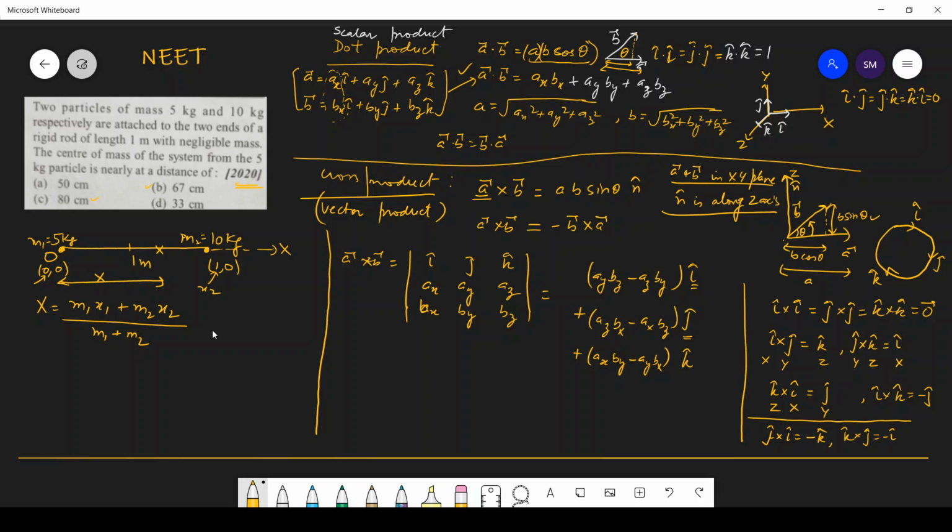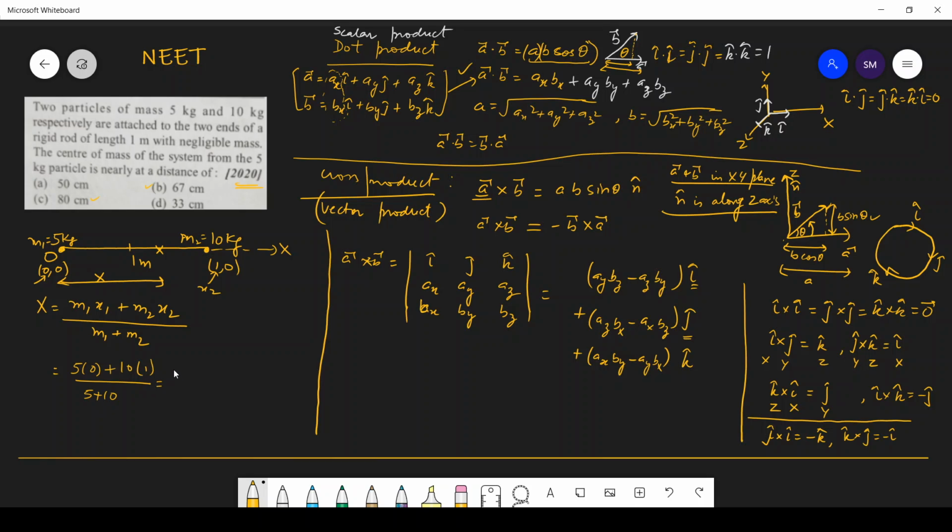So see, it's the speed. If you are comfortable with the concept, see how easy the question was. Simply you need to just write M1 and its x1. You need not even write it, because this is 5 into 0, which is 0. Plus M2 is 10 into x2 is 1, divided by 5 plus 10.